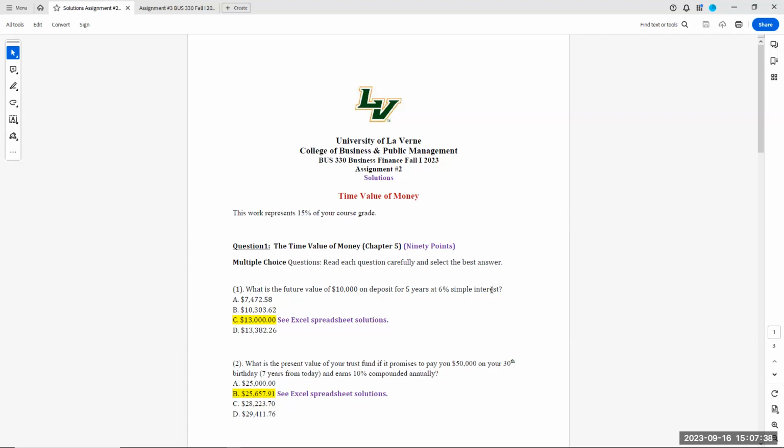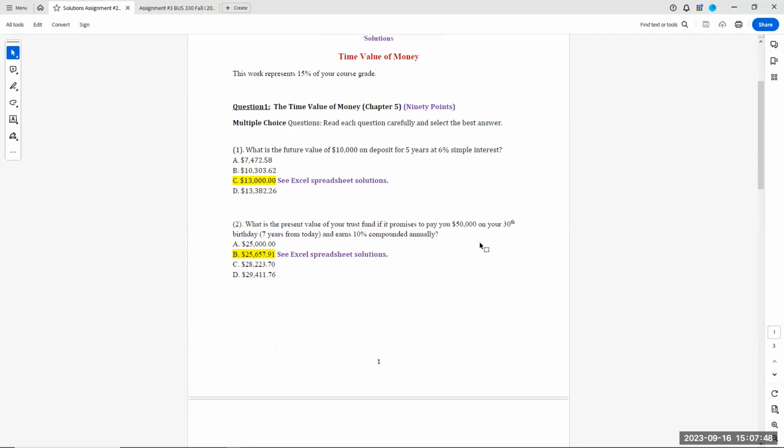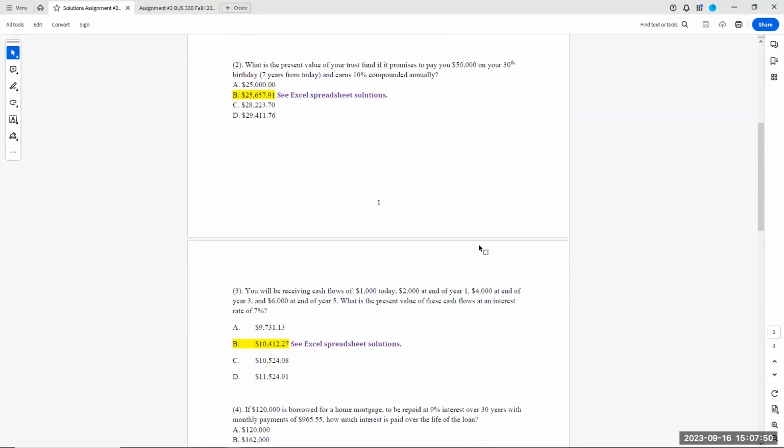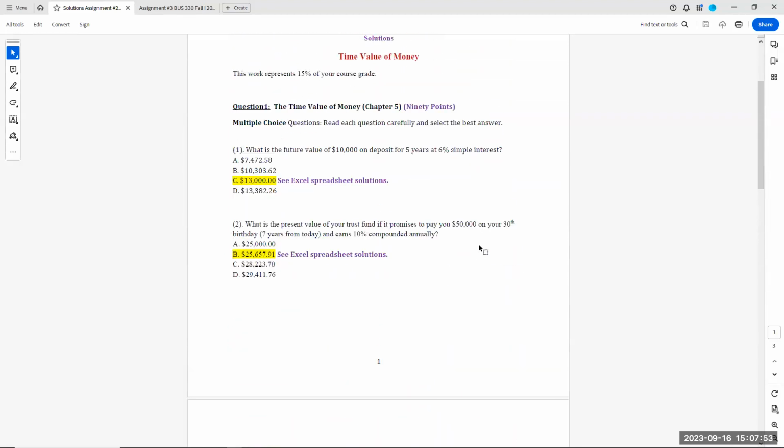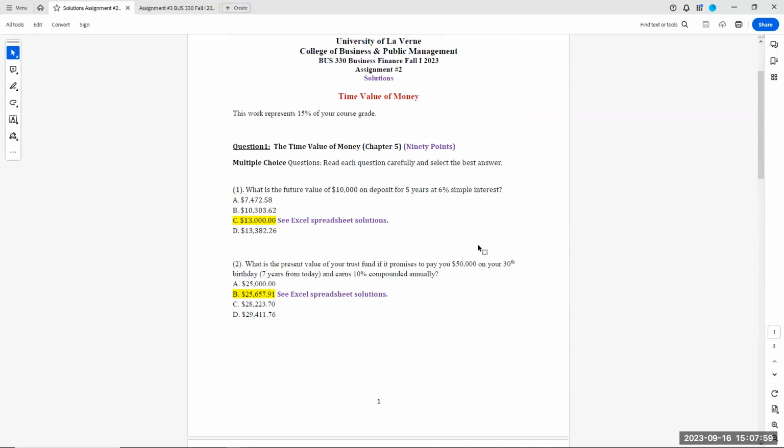And again, each multiple choice question was worth 9 points, and the portfolio question was worth 10 points. And also, as you can see, the first 4 questions were from doing some specific calculations in regard to the time value of money. And I also included in the solutions a spreadsheet of those calculations so you could see how I calculated the information. And let's take a look at those.